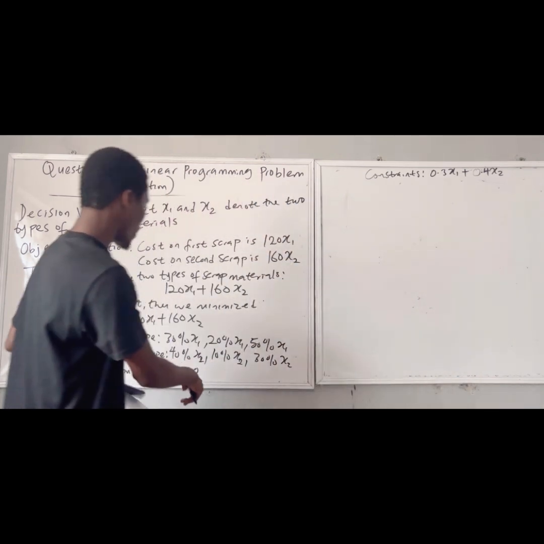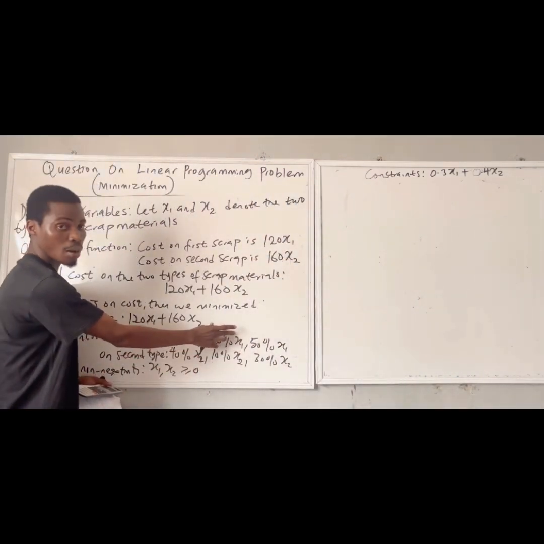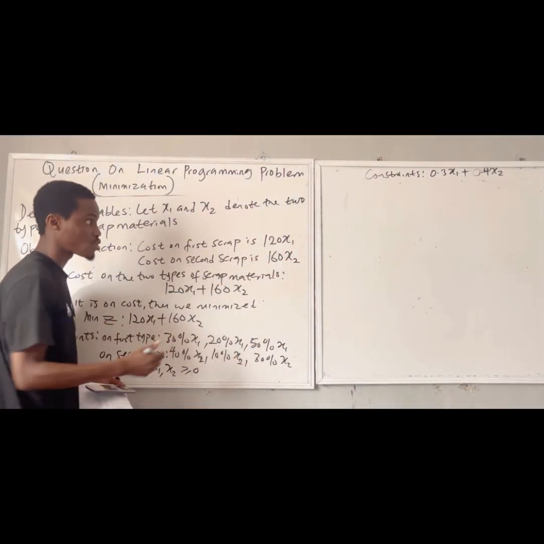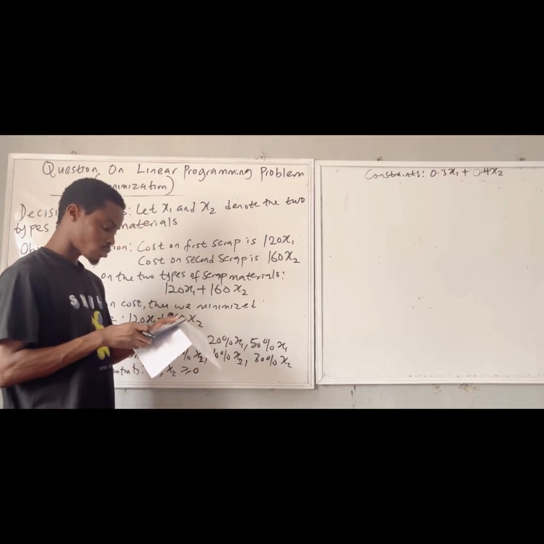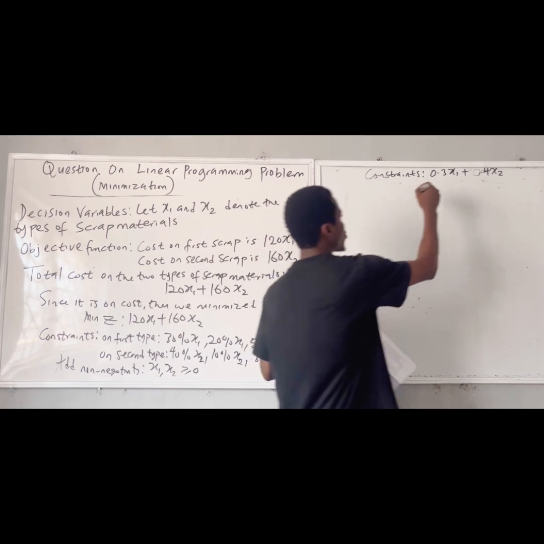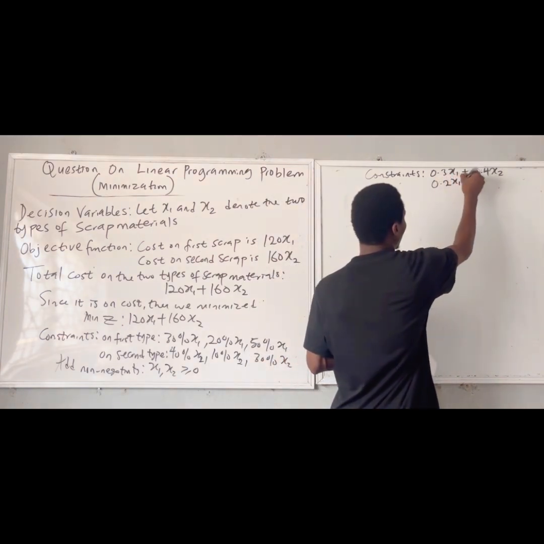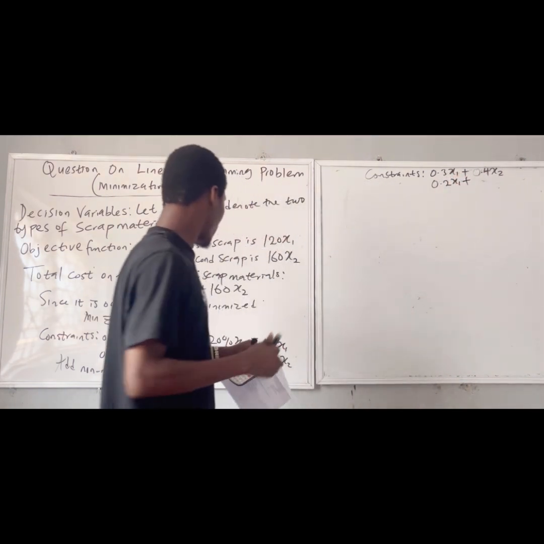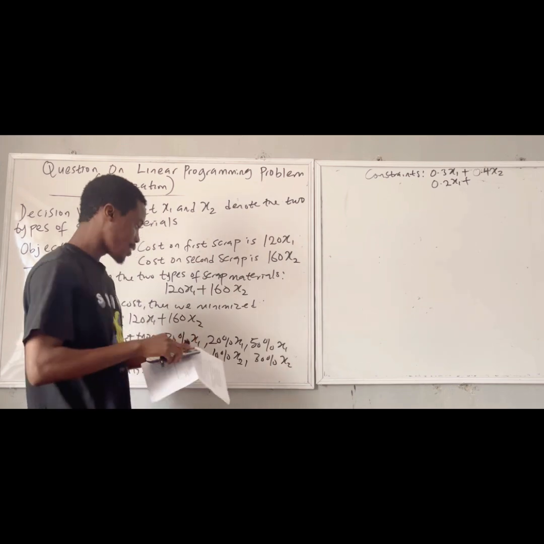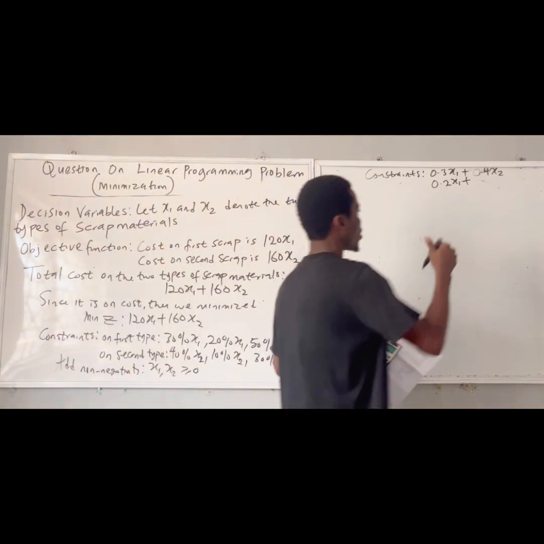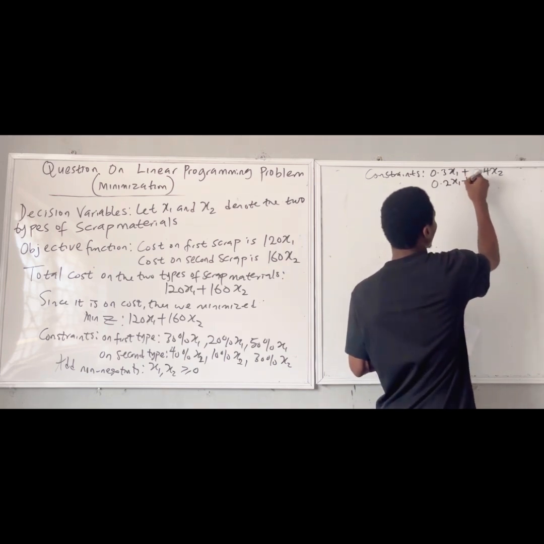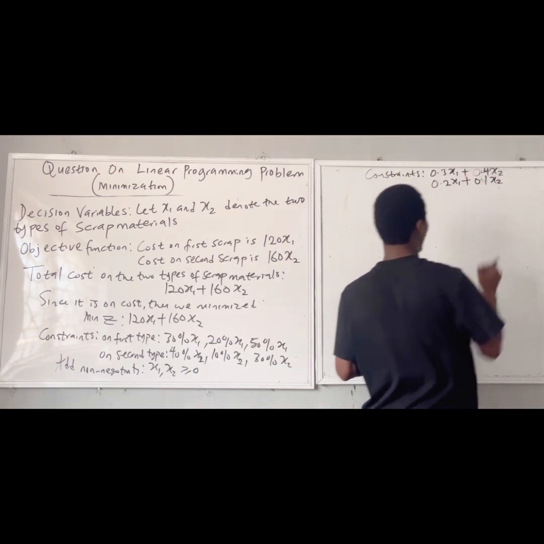On my Y, for S1 and S2, I'm going to have 20 divided by 100, which is 0.2 S1, plus 10 divided by 100, which is 0.1 S2.